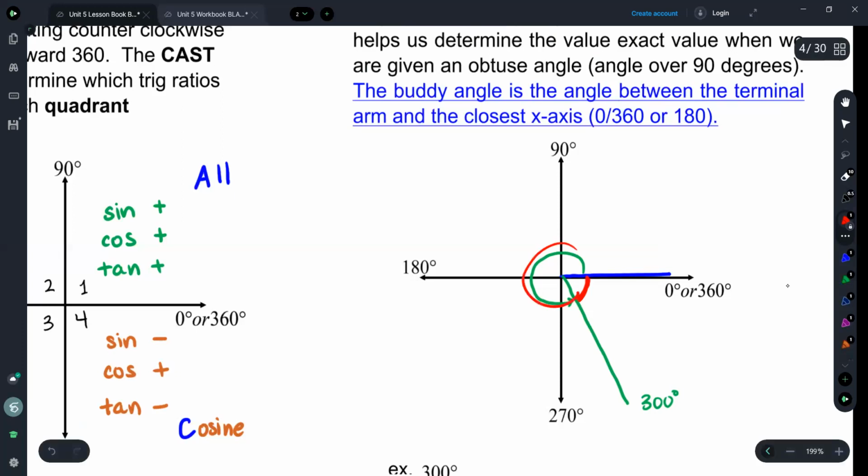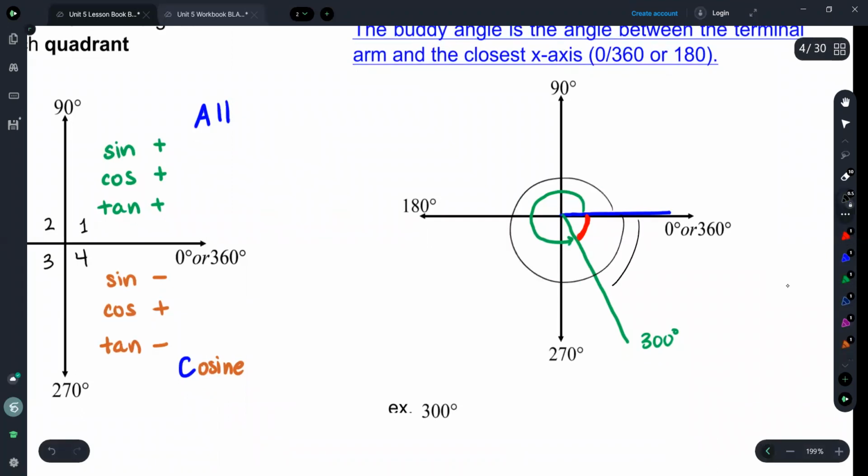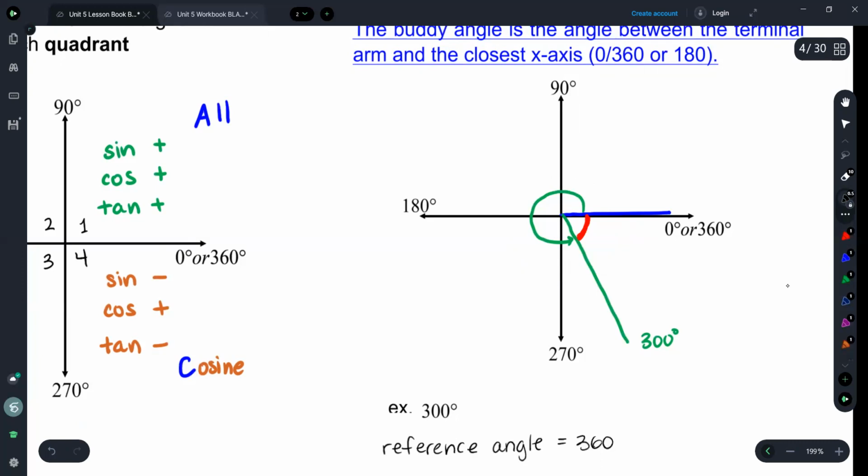If this whole rotation is 360, but I want less than that, 60 degrees, then that will give me 300. So to calculate the reference angle, we do 360 minus 300, and that gives us 60. That is our reference angle for 300.